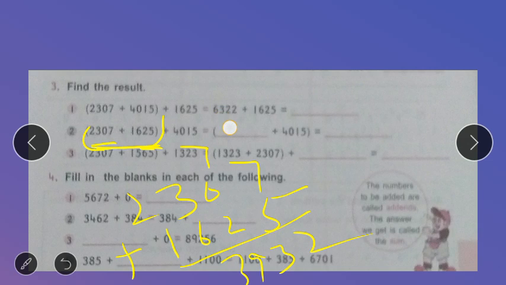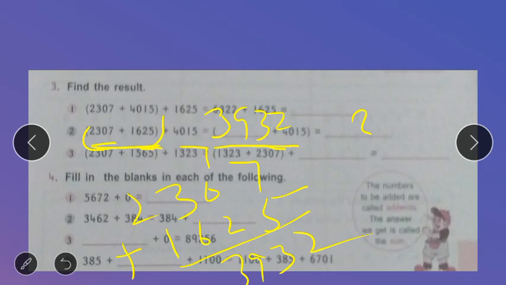Here you have to write 3932 because first of all you have to add the bracket numbers. Then you have to add 4015 to 3932. The answer you get, you have to fill in here.